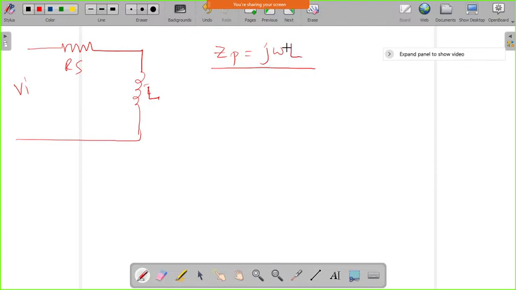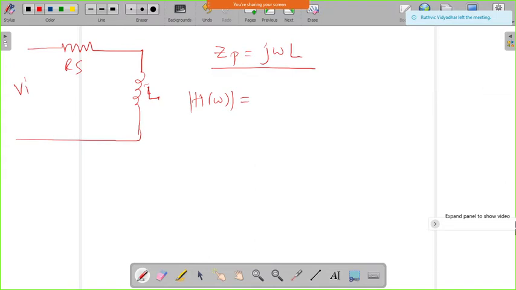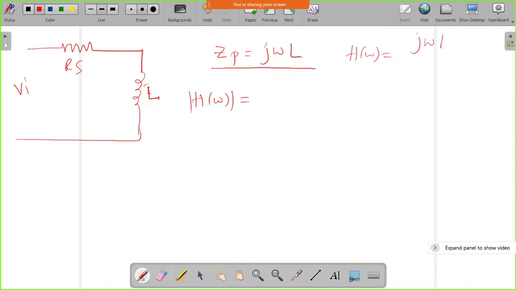Now that Zp, which I take as just an inductor j omega L, has an inductive reactance. So if I take the magnitude of h of omega, you can define h of omega as Zp by Rs plus Zp, which is equal to j omega L divided by Rs plus j omega L. Okay, so this is what we're going to get.